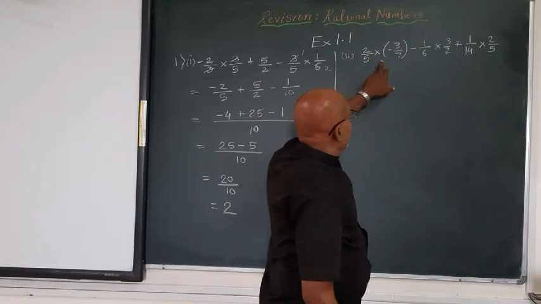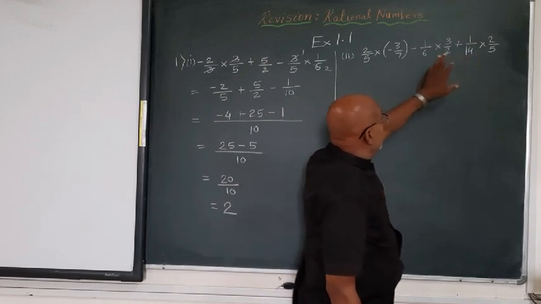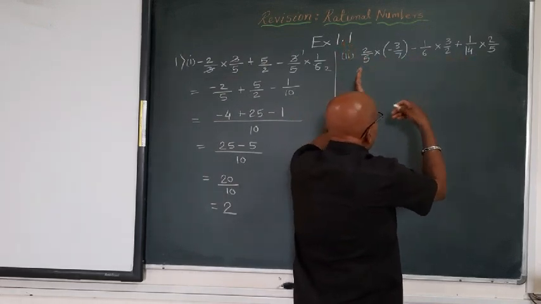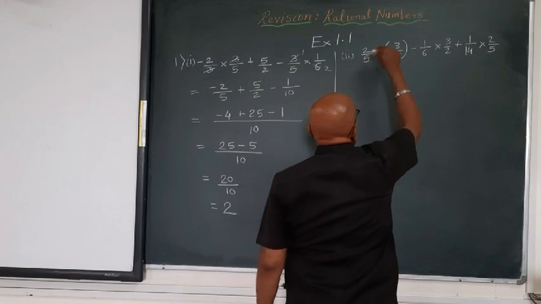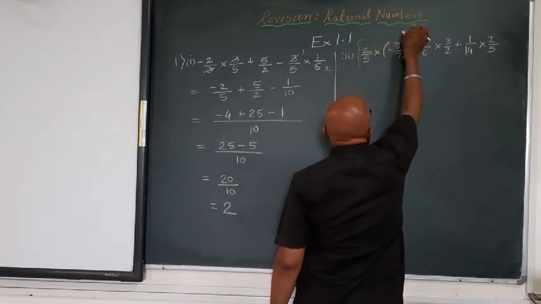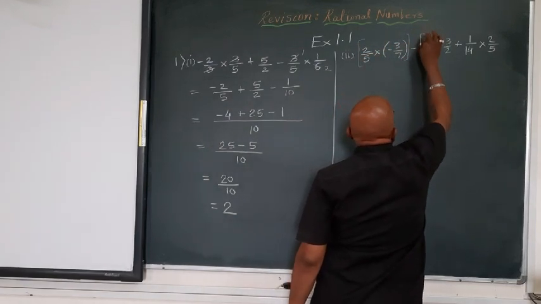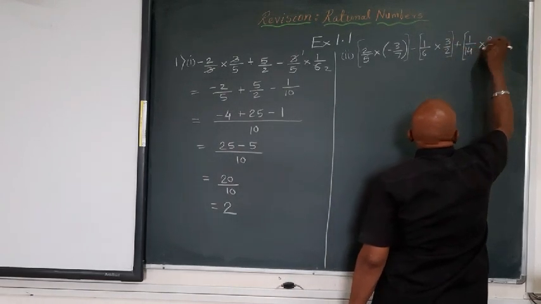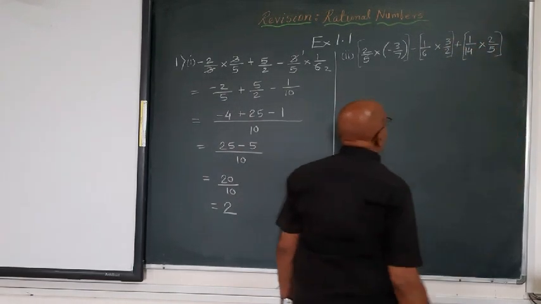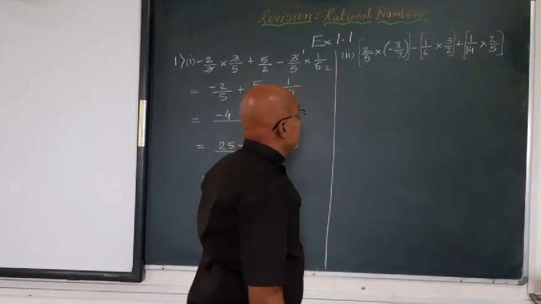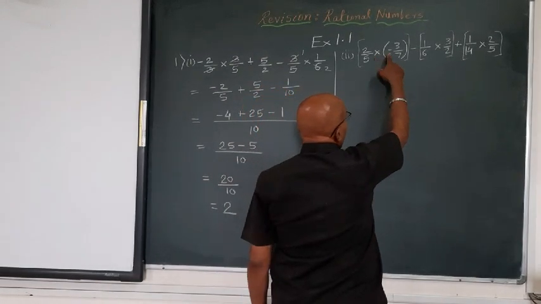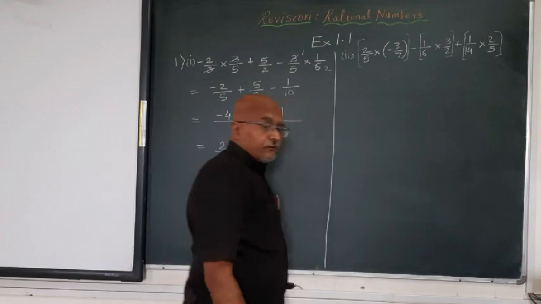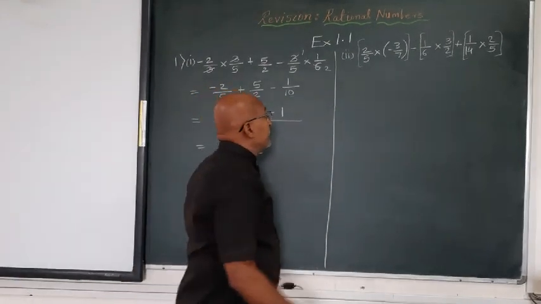Here we have 3 multiplications, so those 3 we have to perform first. If I write this in a bracket, this in a bracket and this in another bracket, then we have to solve the brackets first. Now why is this bracket there? Because 2 consecutive signs are coming, that's why this small bracket is being given here.